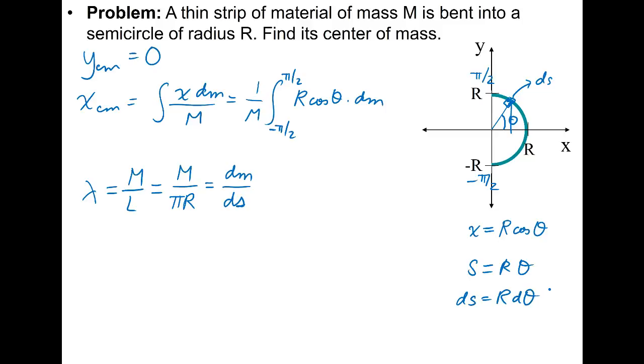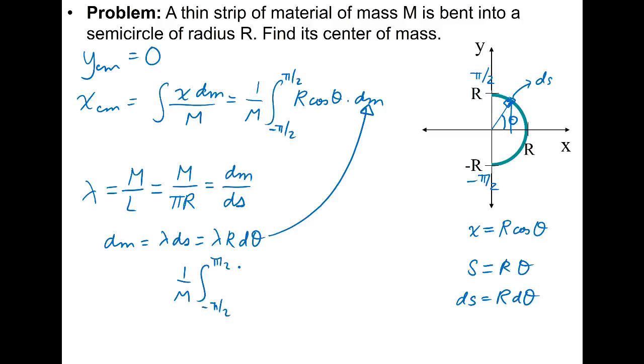So we're going to make the substitution that dm is equal to lambda ds, which is equal to lambda r d theta. Take that and plop that into here, and we're going to get 1 over m, and it'll go from negative pi over 2 to pi over 2 of r cosine theta times lambda r d theta.